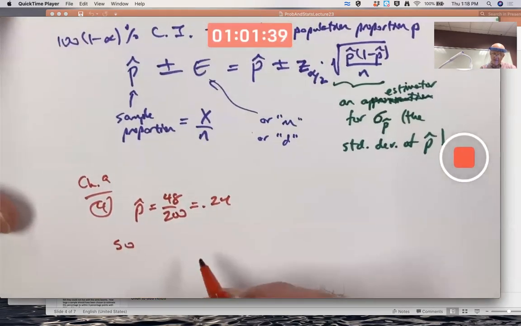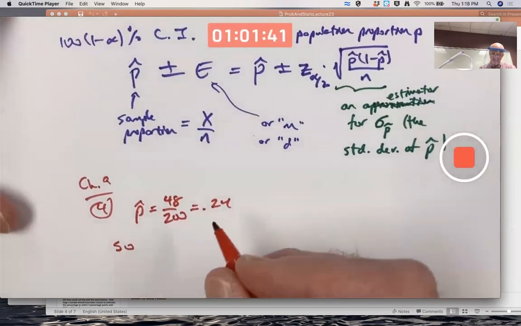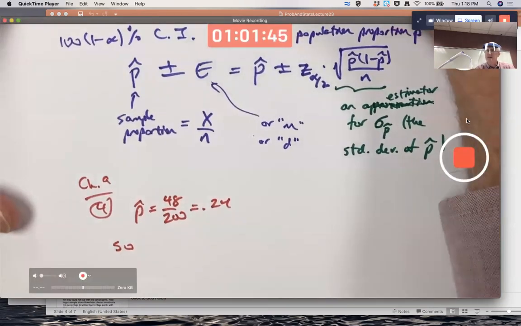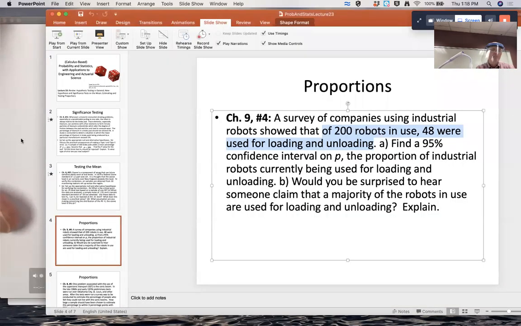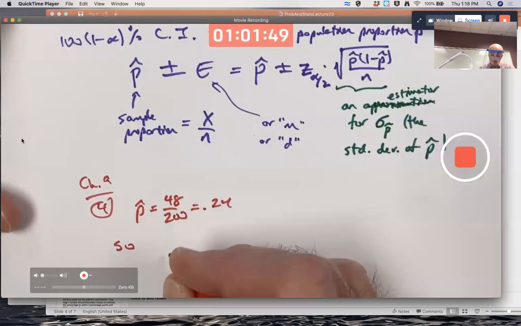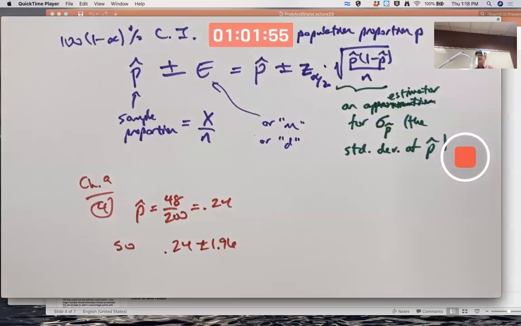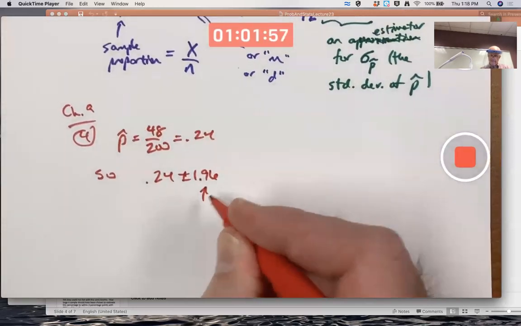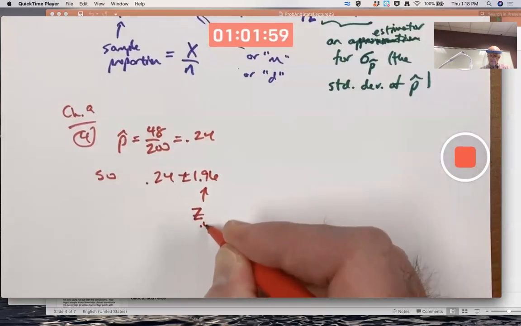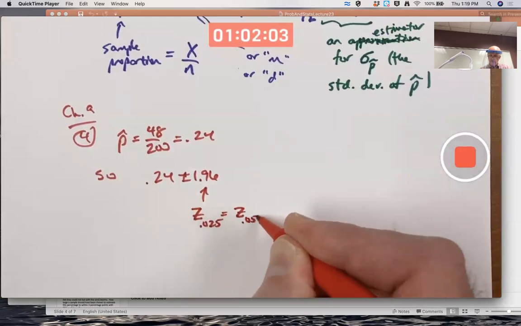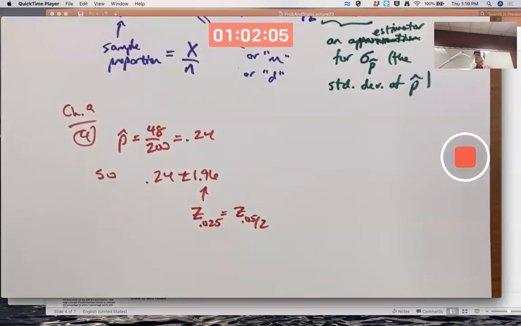So the answer for the confidence interval, if we're after 95% confidence, which I believe is what we're after here, right? 95%. Yep. Is 0.24 plus or minus our favorite number, 1.96. Remember, that's Z sub 0.025, which is 0.05 over 2. Alpha is 0.05 here.